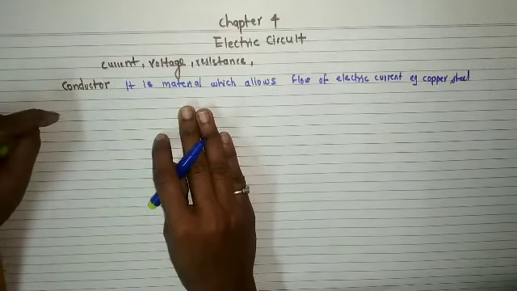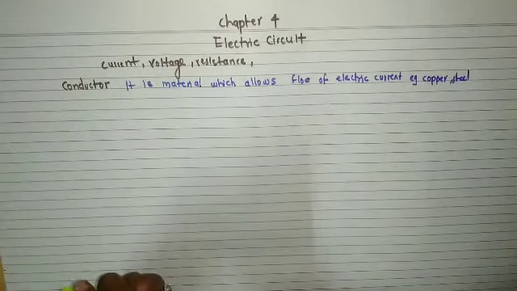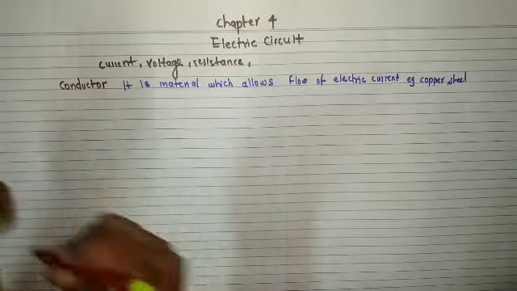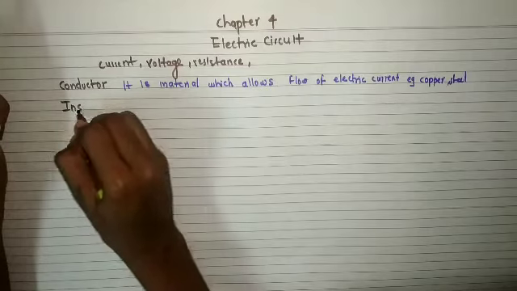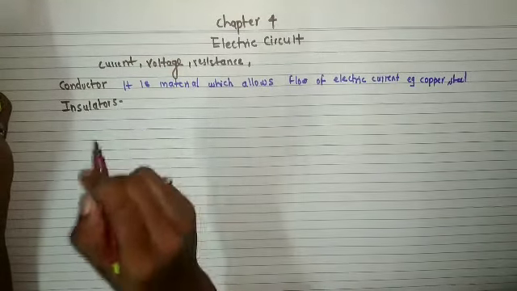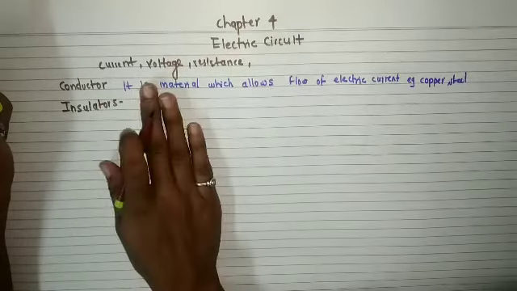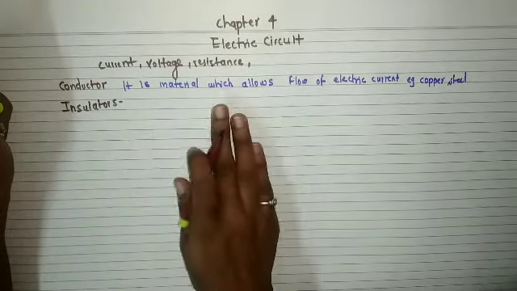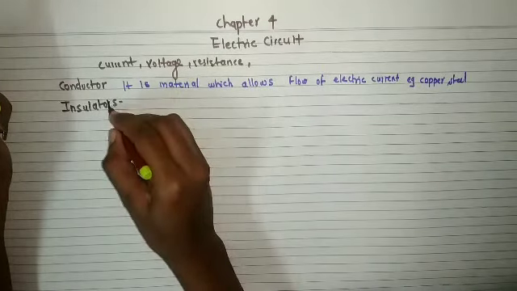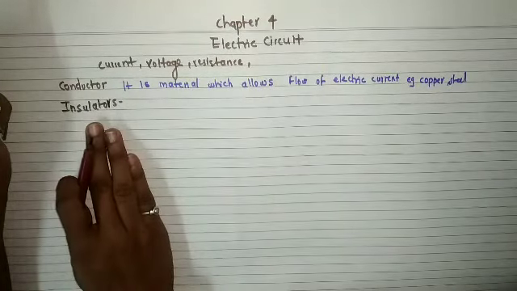So opposite of this, what are insulators? These are materials which do not conduct electricity. These materials do not allow the flow of electricity, so the current will not pass through them.